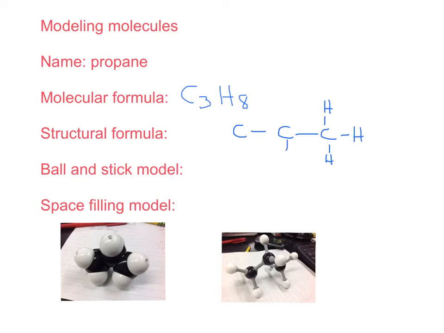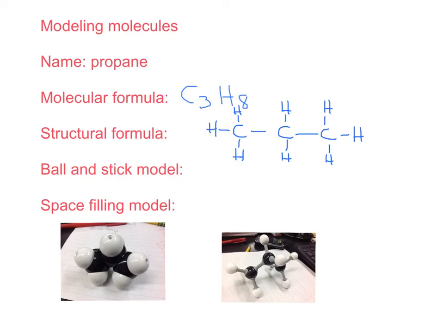So this outside one should have 3, the center one should only have 2, and the last one again will have 3 hydrogens. That's what we call a structural formula, because it still uses just the C's and H's to represent the atoms. But we put them together now so you can get a sense of how the molecule is built. That's more in geometry a little bit later.